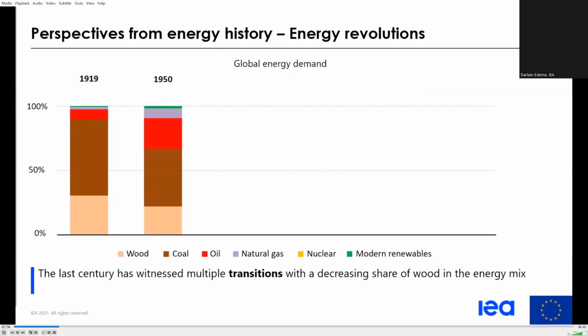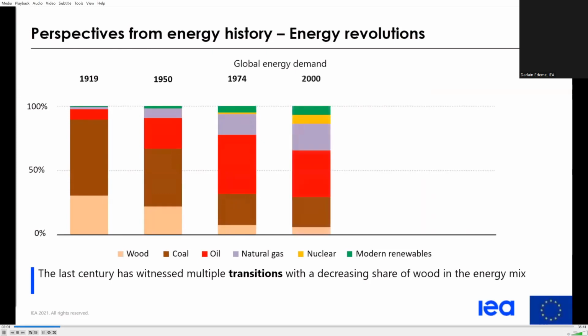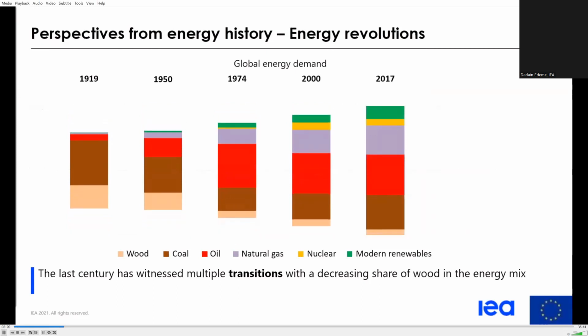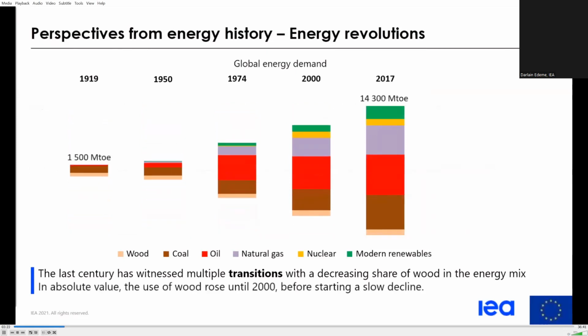Over the years, we see how energy demand transitioned to oil, natural gas, etc. The share of wood decreased a lot at global level, from 30% in 1919 to only 4% in 2017. But in absolute value, biofuels rose by two-thirds from 400 mtoe in 1919 to 650 mtoe in 2000.